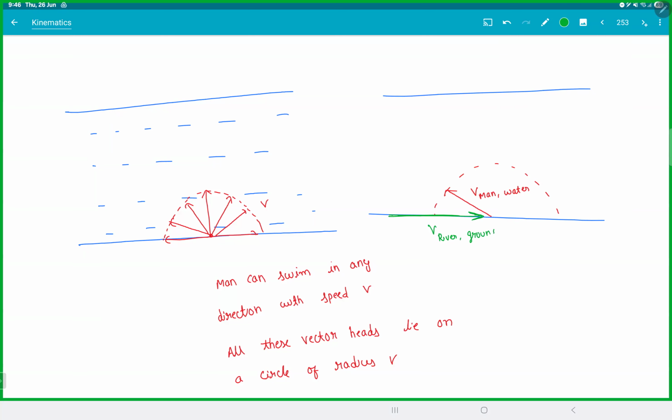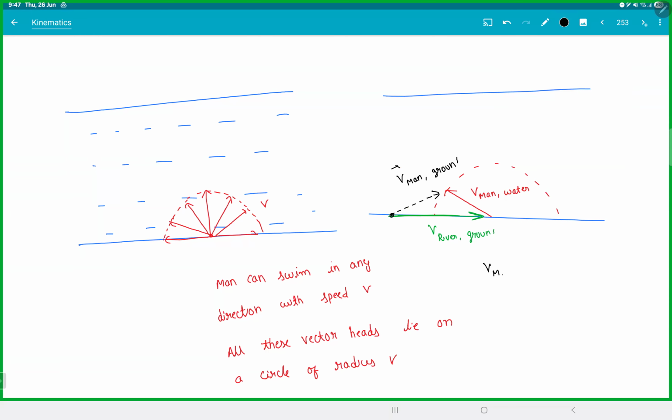And we know from the triangle of vectors, if two vectors are joined head to tail, the resultant vector will be from the remaining tail to the remaining head. So from this tail to this head, that will be the resultant vector, which is nothing but the velocity of the man with respect to the ground frame. Look at that thing. It's a triangle of vectors.